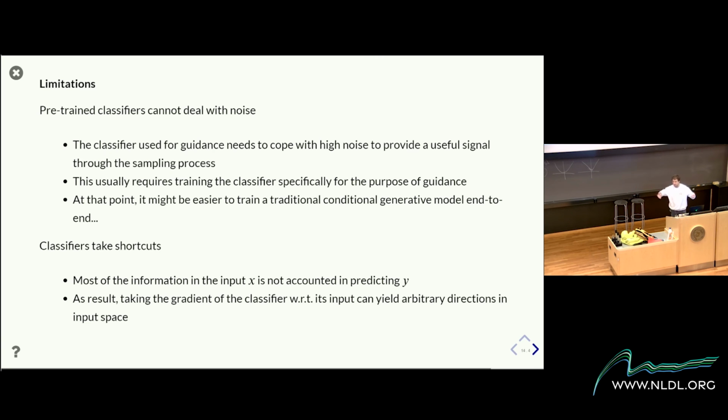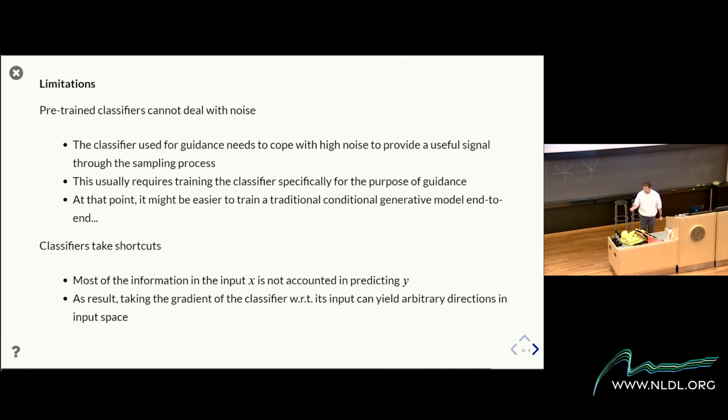Because at this point we can just train a traditional conditional generative model end-to-end. We just take something which also takes the input, the string, for example, and then we train everything from scratch. The second problem is that classifiers often take shortcuts, because most of the information in the input is not taken into account when we predict the class. Think about a classifier that has to distinguish between a dog and a car.